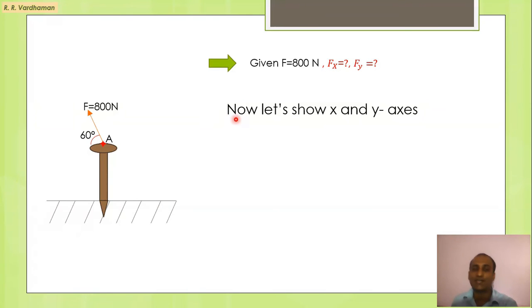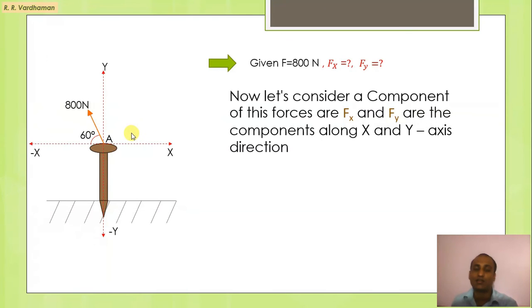Now let's show x and y axis. Now here these are the x and y axis. So this force is making an angle of 60 degree with the horizontal, and we have to calculate Fx and Fy. So let us consider Fx and Fy are the components of the 800 Newton force along y direction as well as in x direction.